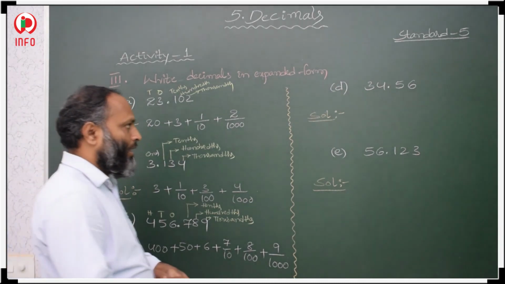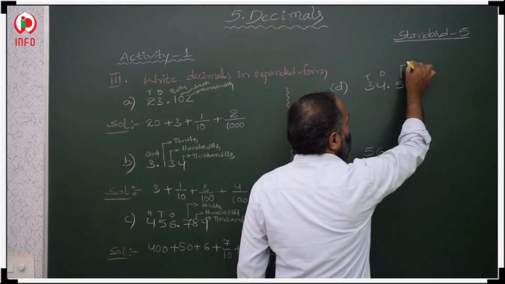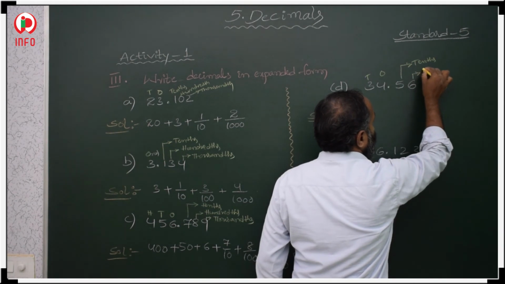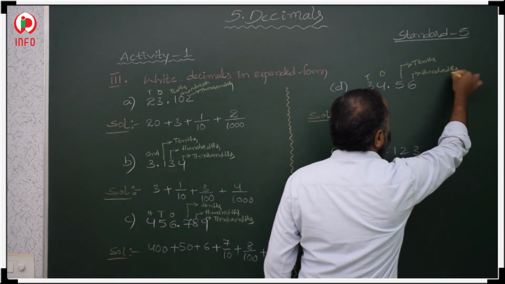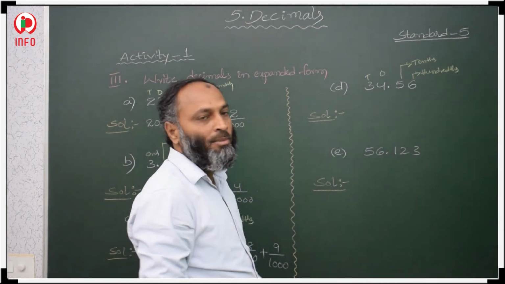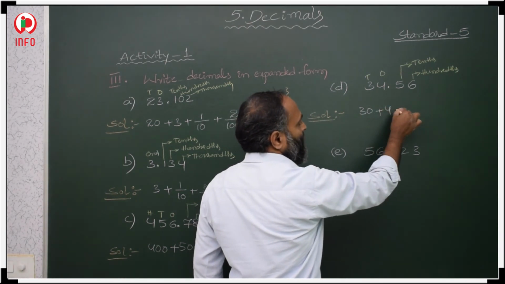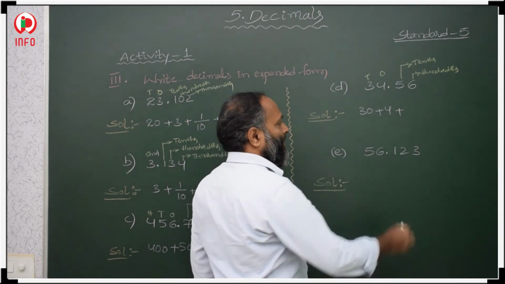In the same way, this is ones place, this is tens place, this is hundreds place. Then 3 is in tens place, 30, plus 4 is in ones place, 4 as it is, then plus after the decimal, 5 is in tenths place, that is 5 by 10.